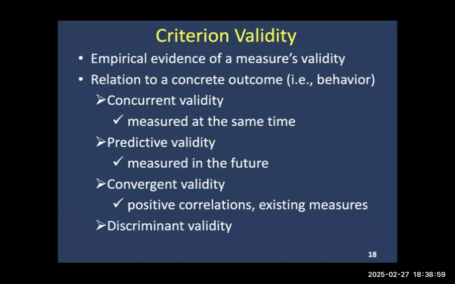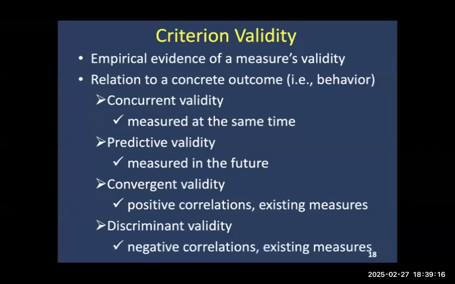So whereas concurrent, predictive, and convergent validity are all looking for positive correlations, with discriminant validity, we're trying to establish that this is different from this other construct, and now we're looking for negative or low correlations. So with criterion validity, we are looking for quantitative support, right? The other types of validity are not the same.